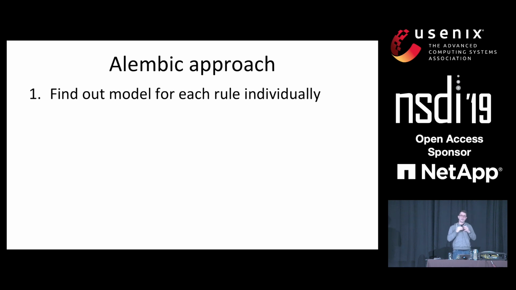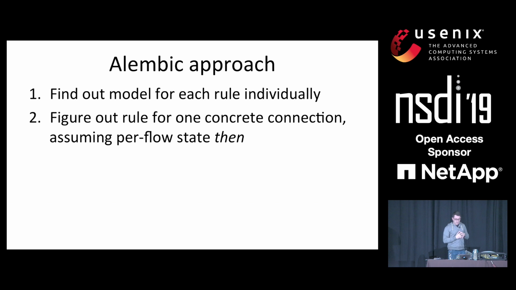So basically, this tool, to get scalability, will try to figure out what each rule is supposed to do and how each rule processes the packet, processes each connection, and then it will compose these rules after figuring out the per-rule state machines.